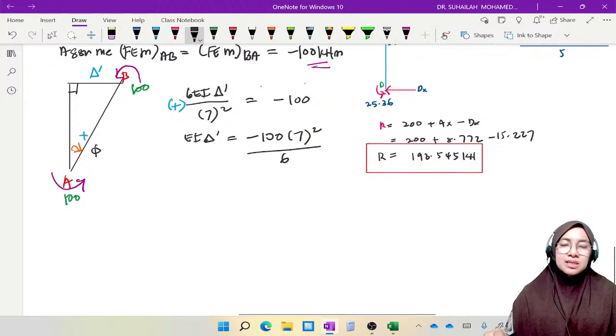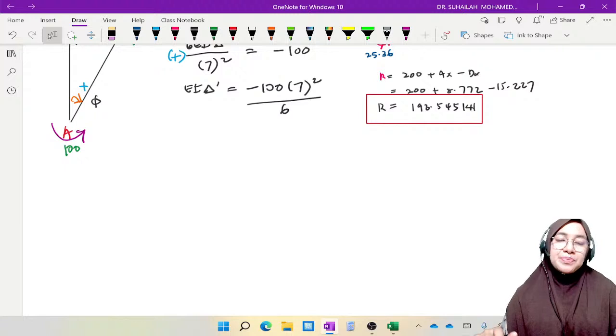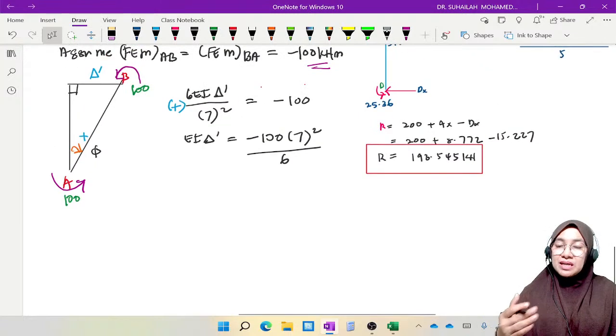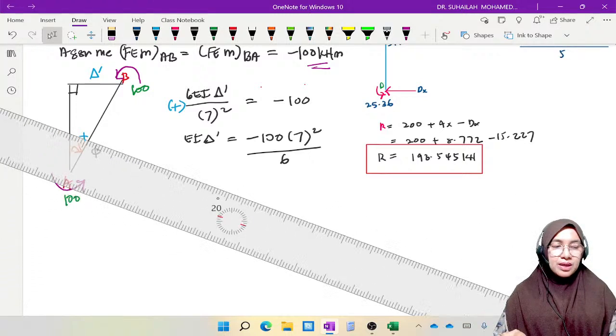For member CD, we have another triangular.